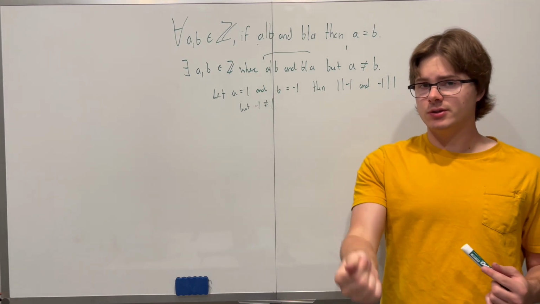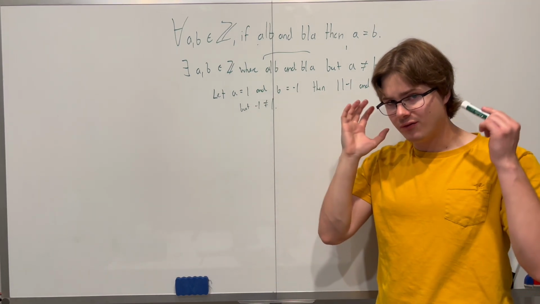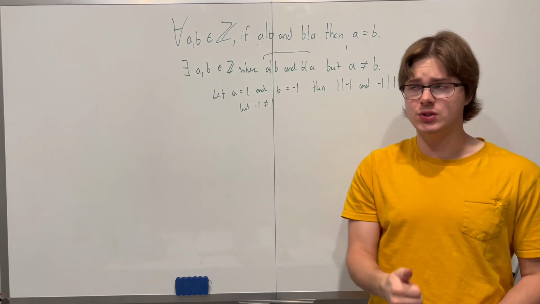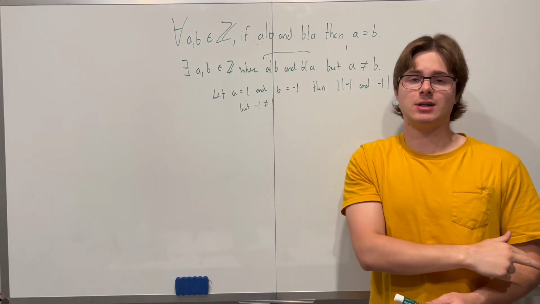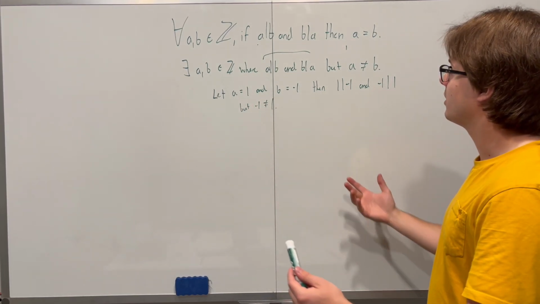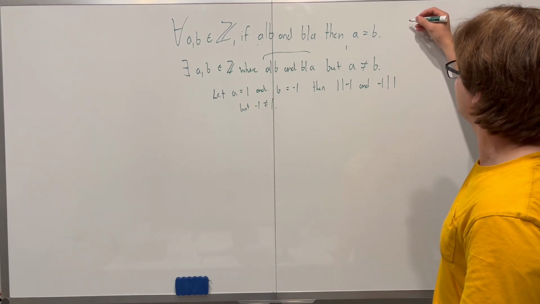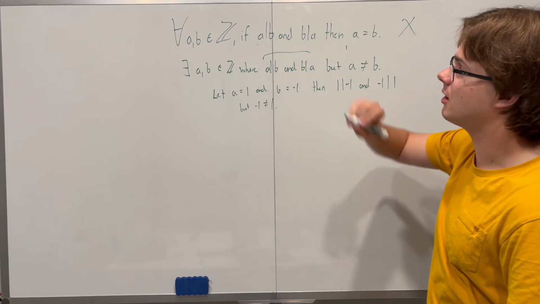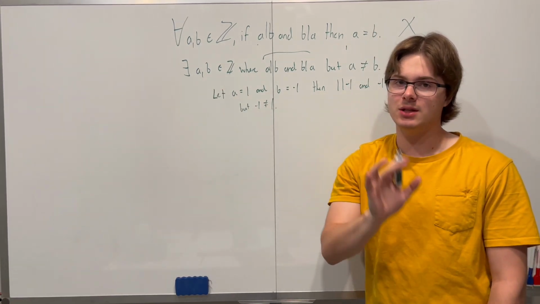it's really easy to fall into the trap of, oh, of course they have to be equal, but you have to really try everything. You have to try your zeros, you have to try your negatives and your positives together, not just negatives with negatives and positives with positives. So there we go. We have proven that this statement is in fact false because the negation of the statement is true.